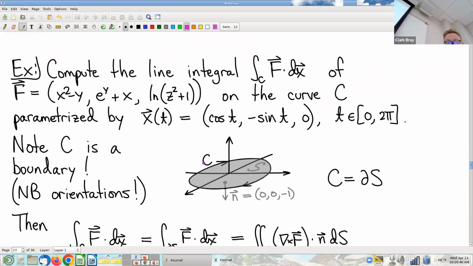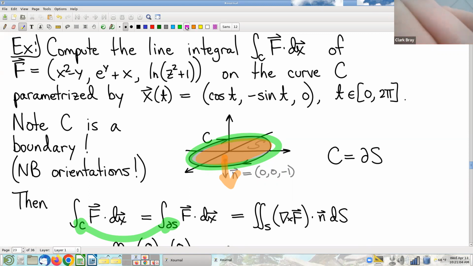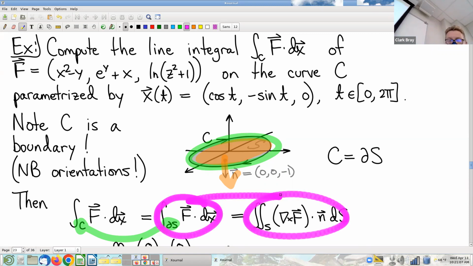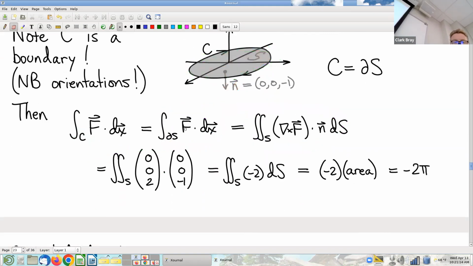All right. Okay, so we did this example, and the big upshot is if you have a curve that is a boundary, which we do here, the boundary of this region oriented thusly, then you're looking at a boundary circulation. Well, boundary circulation can be computed with Stokes's theorem. So we've transformed one question that was looking really hard into a totally different question, which happens to look really easy.